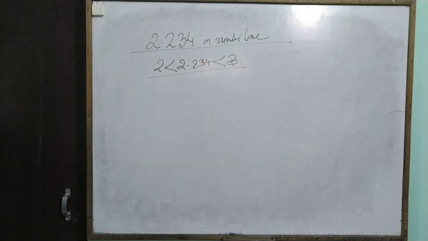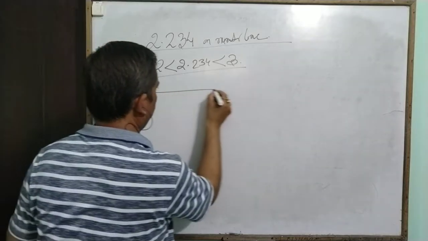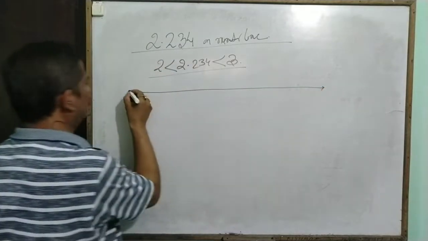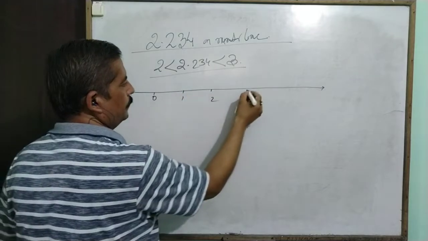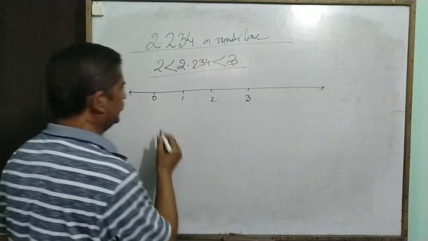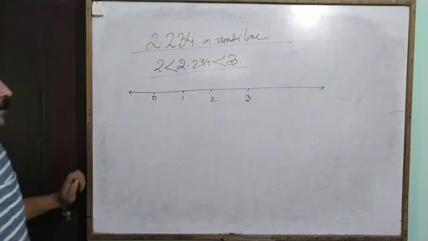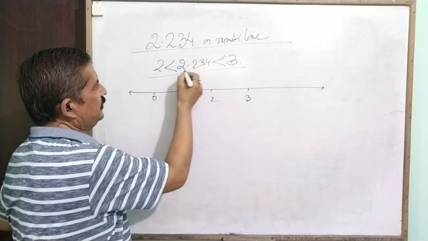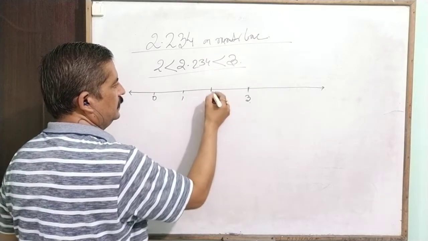So first of all, you draw a number line. Again, the distance between the terms is equal. So the number lies between 2 and 3.